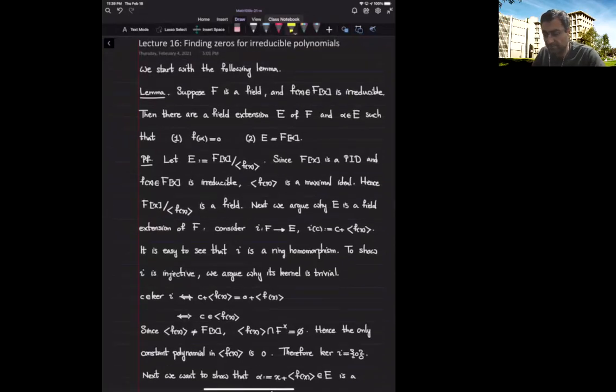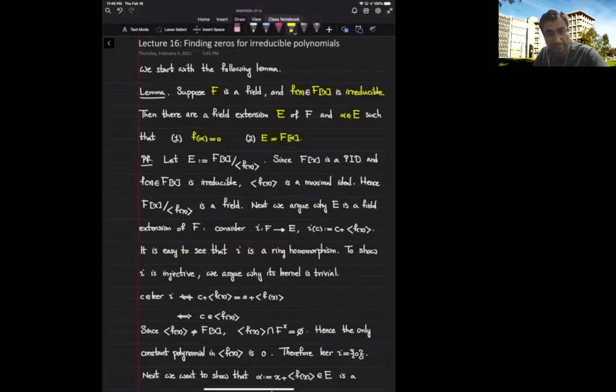So what is the statement? Suppose F is a field, and I give you an irreducible polynomial f with coefficients inside F. Under this assumption, we are going to look for a field extension E and an element alpha inside this field such that, first of all, f(alpha) is 0, and second, E as a ring is generated by F and alpha.